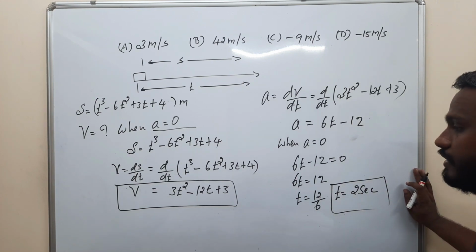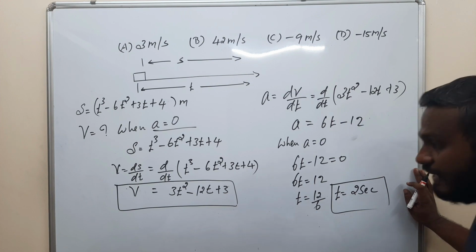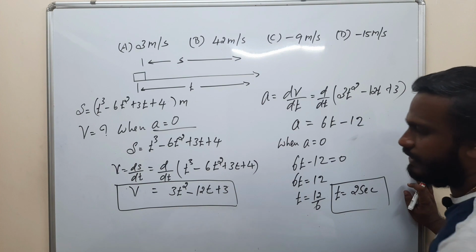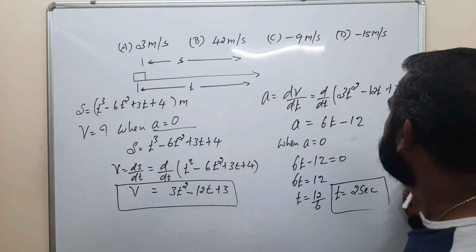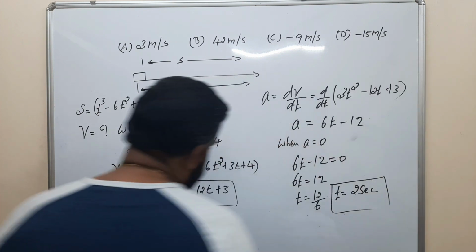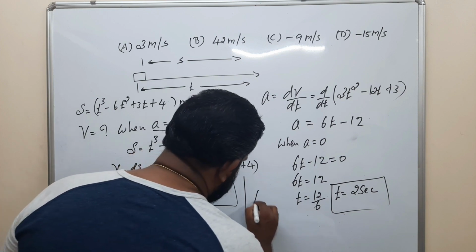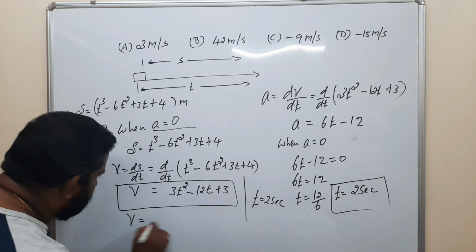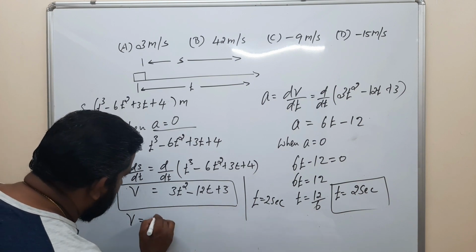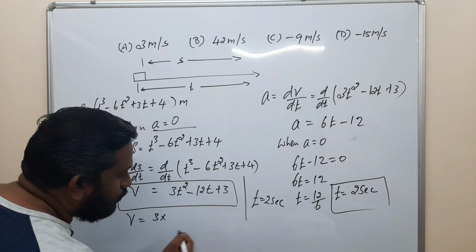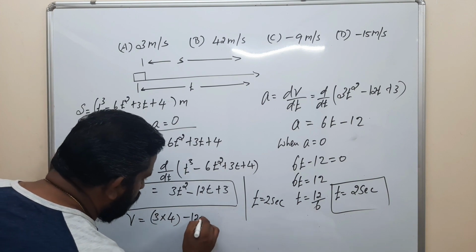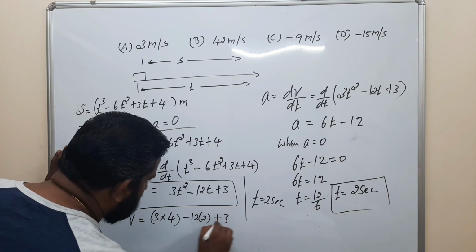So at that time, what is the velocity? When time t is equal to 2 seconds, we have to find the velocity. So v is equal to, substituting the value of time, 3 into 2 square, that is 4, minus 12 into 2 plus 3.